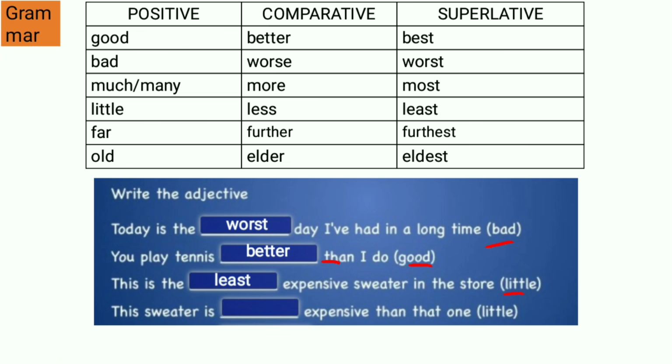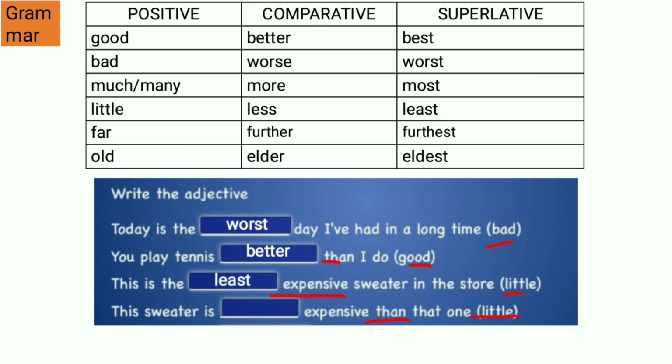You have to take note that you also have another adjective here, expensive, in 3 syllables. Then the last one we have, this sweater is blank expensive than that one. If that means little again, and then you have the word than, that means you are comparing.